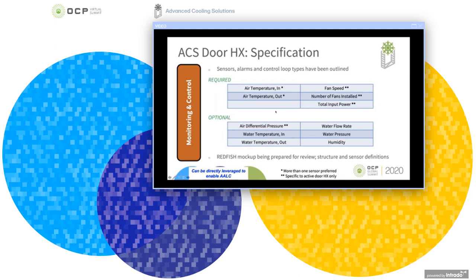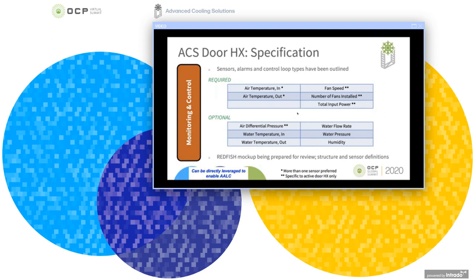So as can be seen in this slide, sensors are outlined and categorized as either required or optional, and also further categorized based on whether they apply to a passive or an active variant. Similar definitions for alarms and control are included in the specification, as is the OCP guidance for hardware monitoring.